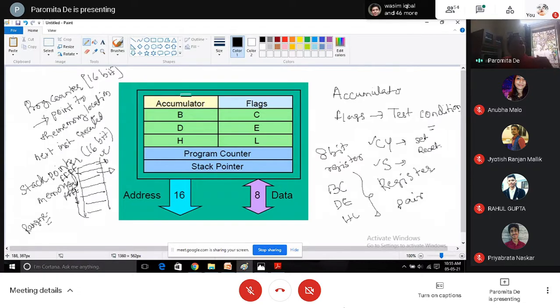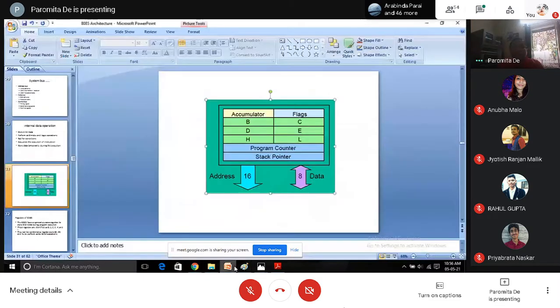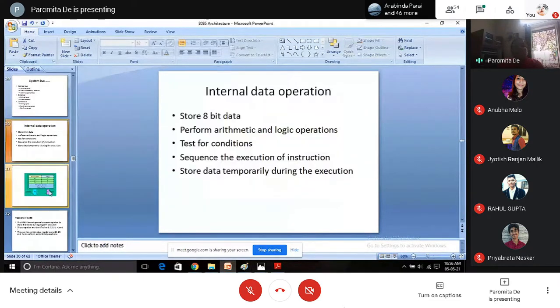After execution of each program, the stack pointer will point to a different memory location. Now I need to go to that memory location to store my operation. My program is all stored from this much to there, and the result of my operation will also be stored somewhere there. So that is the function of the stack pointer. The stack pointer will point out to those locations where we need to do the job.